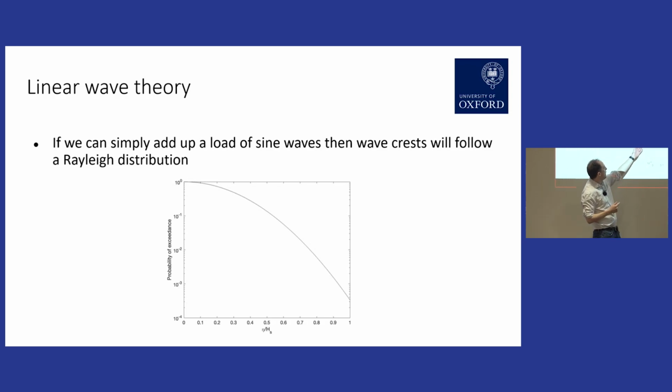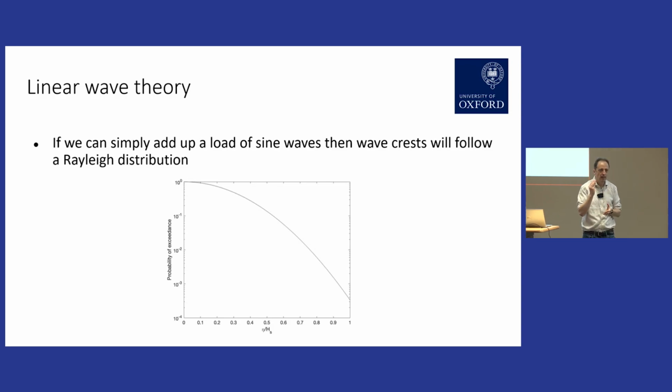On the y-axis, we've got the probability of a particular wave exceeding a particular height. So, for instance, this is the 10 to the minus 3 level. It's the level we're often very interested in. That's very crucial for design.